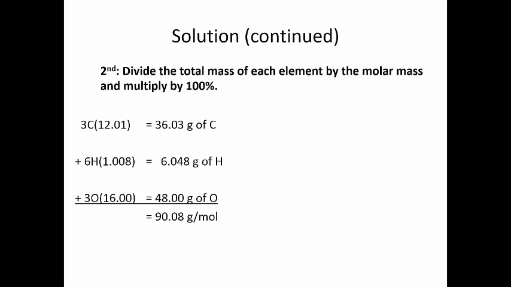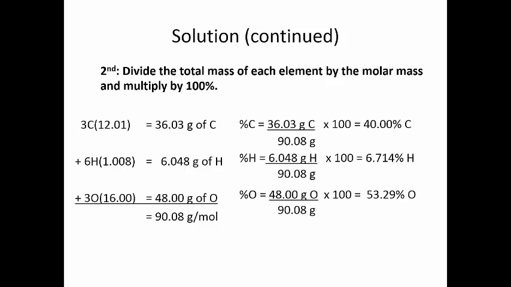Second thing we do is we divide the total mass of each element by the molar mass. So go ahead and do that, and this is what you'll get. For carbon, we take the total of carbon, so 36.03, divided by the molar mass of 90.08, times 100%, we get 40% carbon.